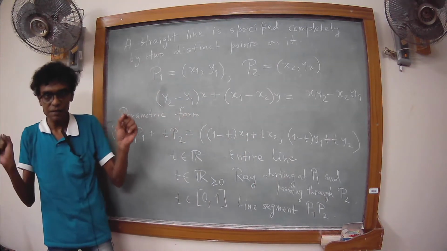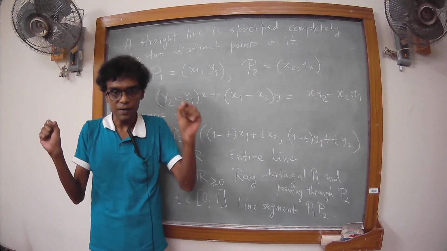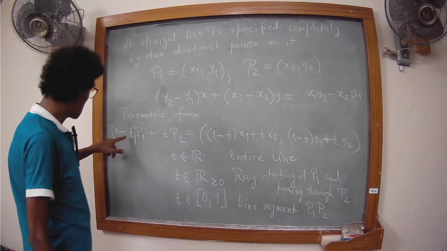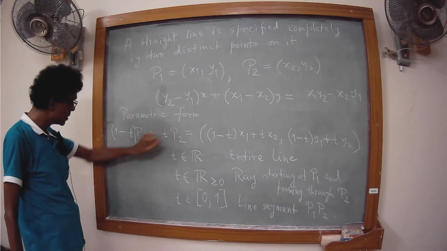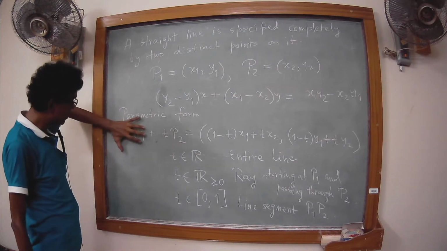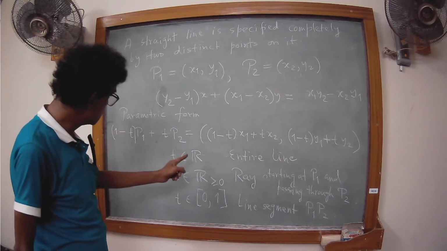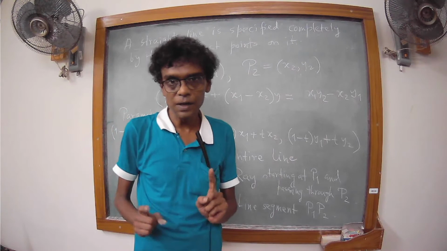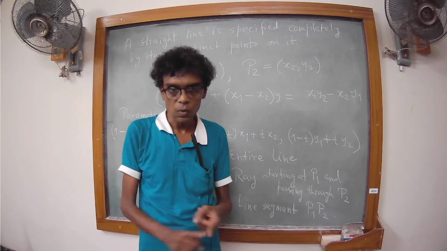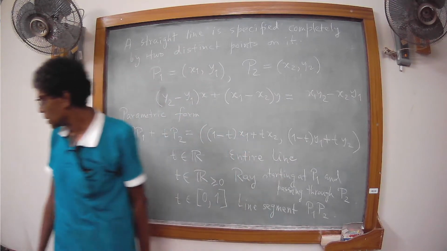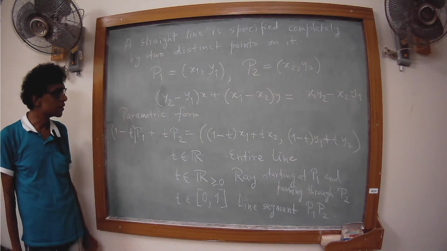So it's a finite thing, a segment starting from P1 ending at P2. If I put t equal to 0, I have P1 here, this term does not exist. And if I put t equal to 1, this term does not exist, this just becomes P2. So as t varies from 0 to 1, this point varies on the straight line from P1 to P2. Okay. So that's about different line representations.